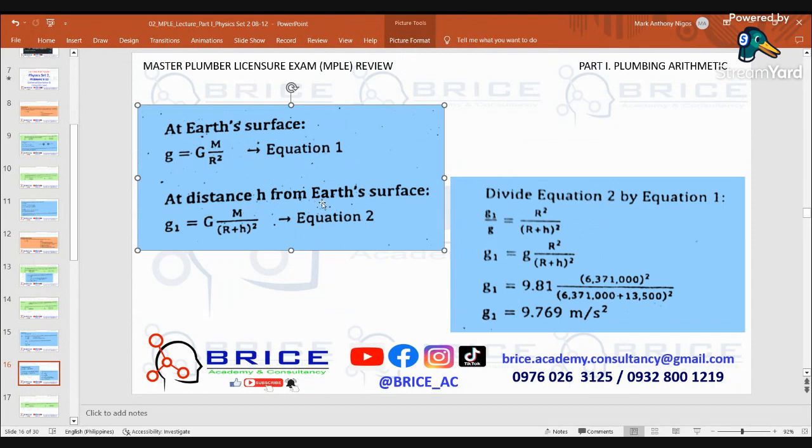At distance h from Earth surface, g1 is equal to G times M over the quantity R plus h squared, equation 2. Divide equation 2 by equation 1.